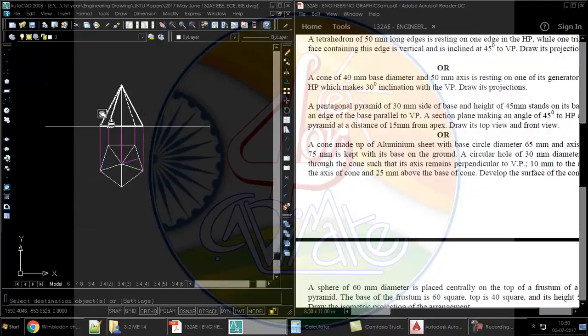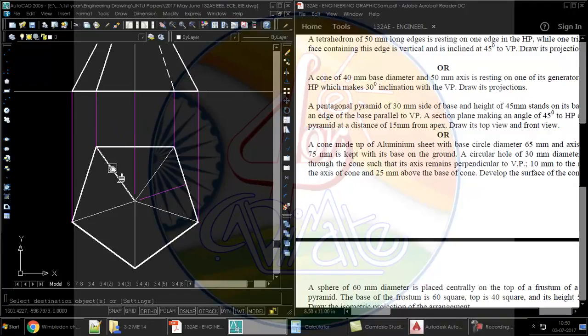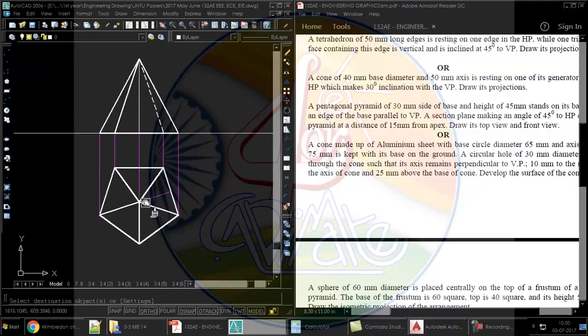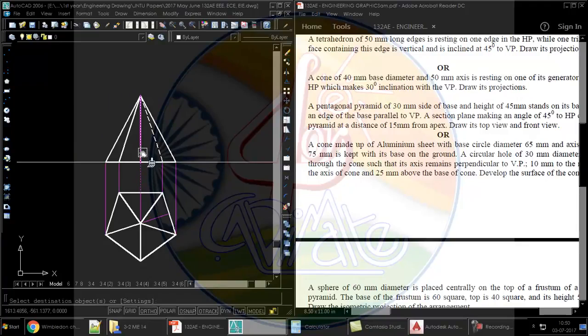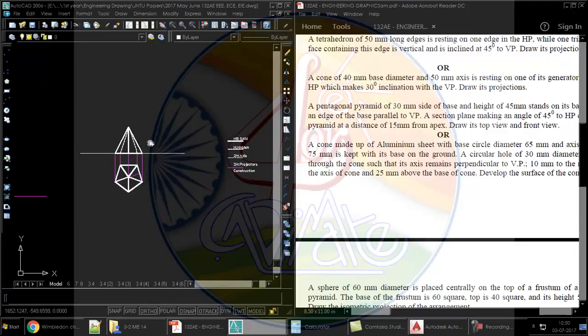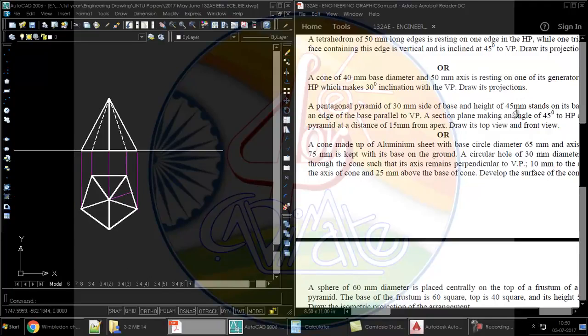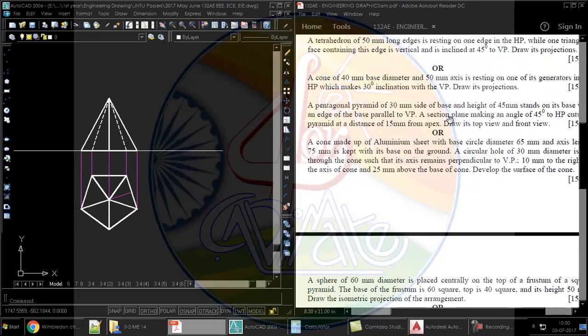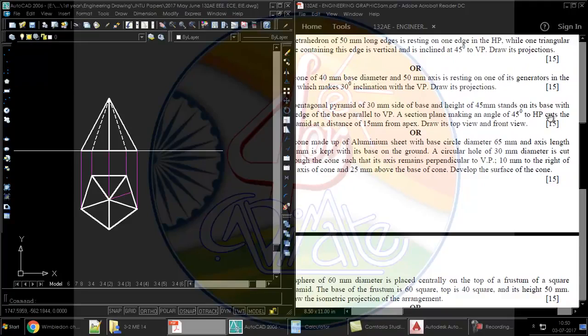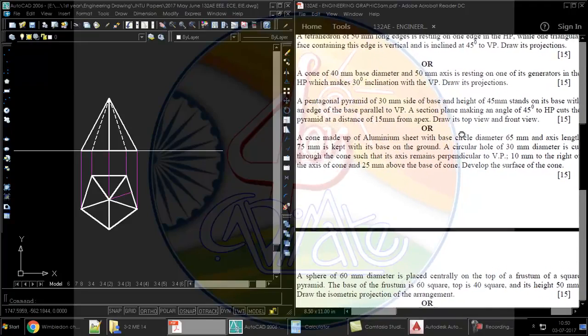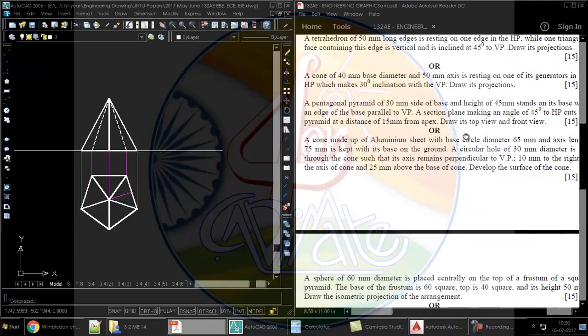Fine. Next up, stands on its base with an edge parallel to VP. A section plane making 45 degrees with HP cuts the pyramid 15 mm from the apex.